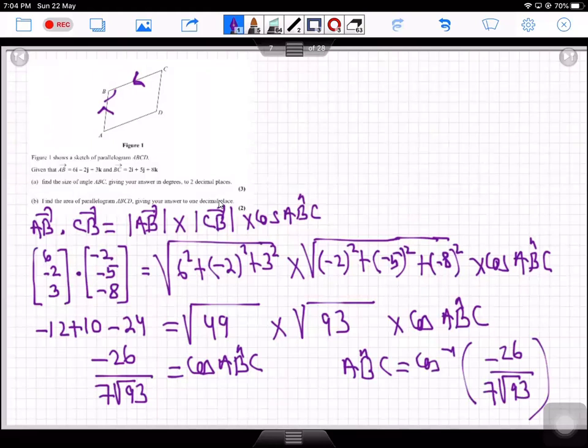So cos inverse of minus 26 over 7 times the square root of 93 is 112.65. We need to give our angle in degrees correct to 2 decimal places. So therefore angle ABC is equal to 112.65 degrees. All right. Now we have the next part.